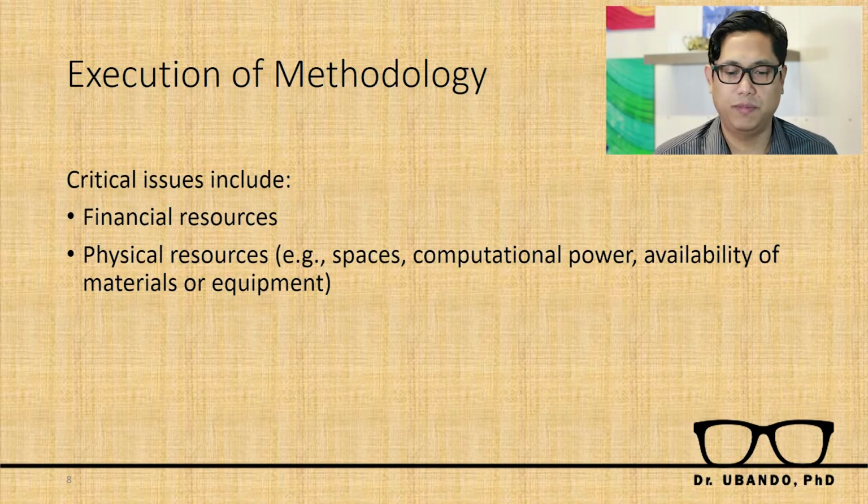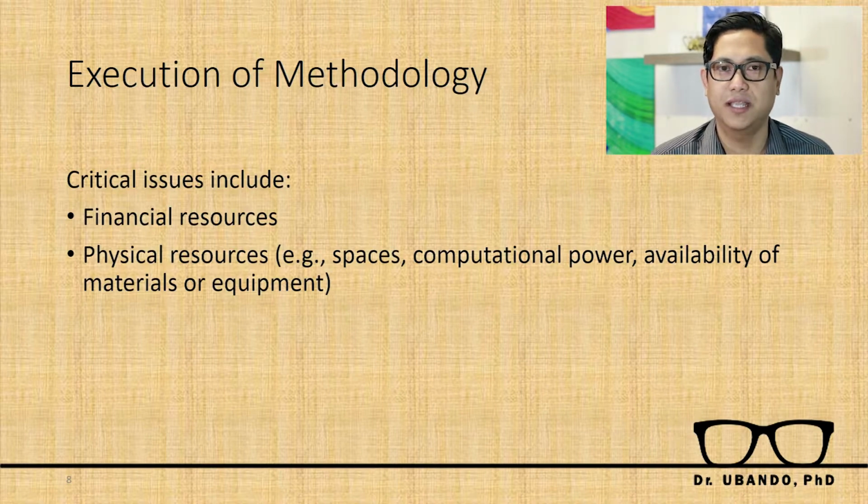Next, an example would be computational power or computational resources. If we are doing some computational studies or simulation, we have to consider that. Another example would be availability of materials or equipment. This is an important factor in doing experimental studies.